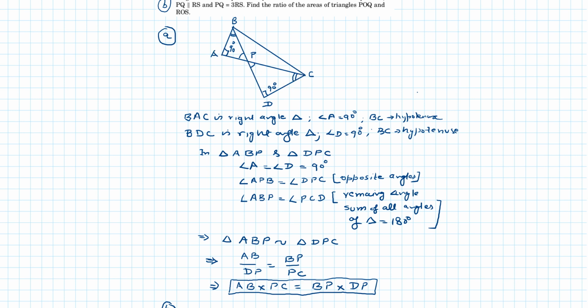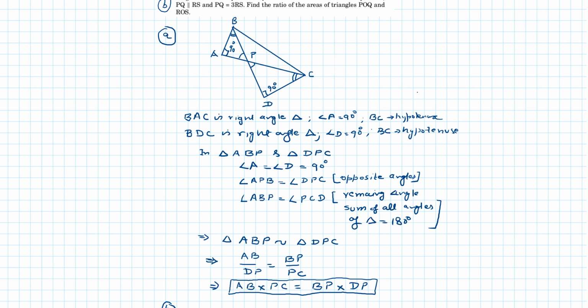Angle A is equal to angle D, angle APB and angle DPC are equal because they are opposite angles, and angle ABP and angle PCD are equal because if two angles of a triangle are equal, then the third has to be equal because the sum is 180 degrees. That's what I have written here.